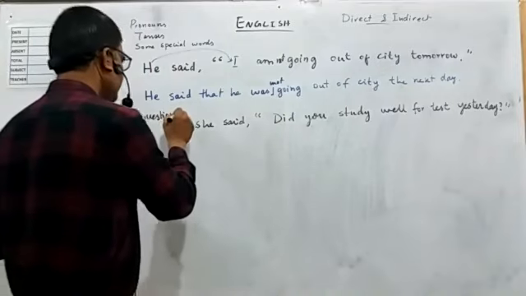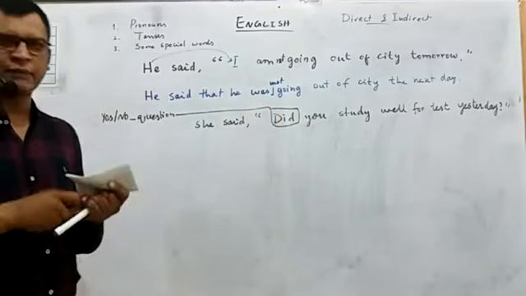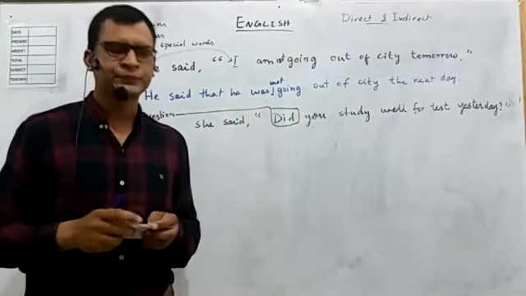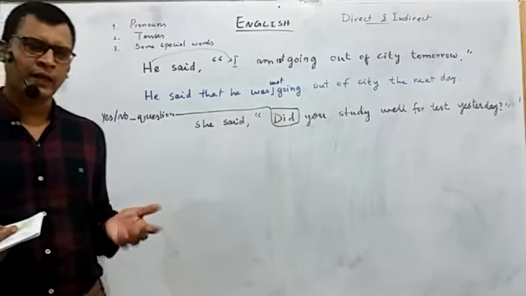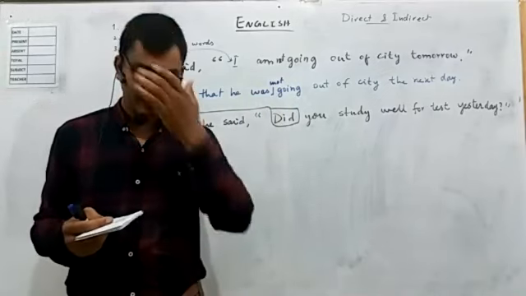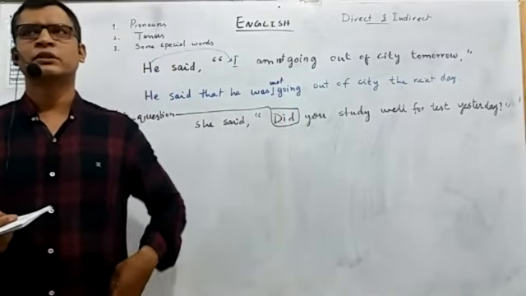Now this is a yes-no question. Why is it a yes-no question? Because it is starting with a helping verb. All the questions that start with helping verb are called yes-no question, like is, am, are, was, were, do, does, did, will, can, could, may, might, should.